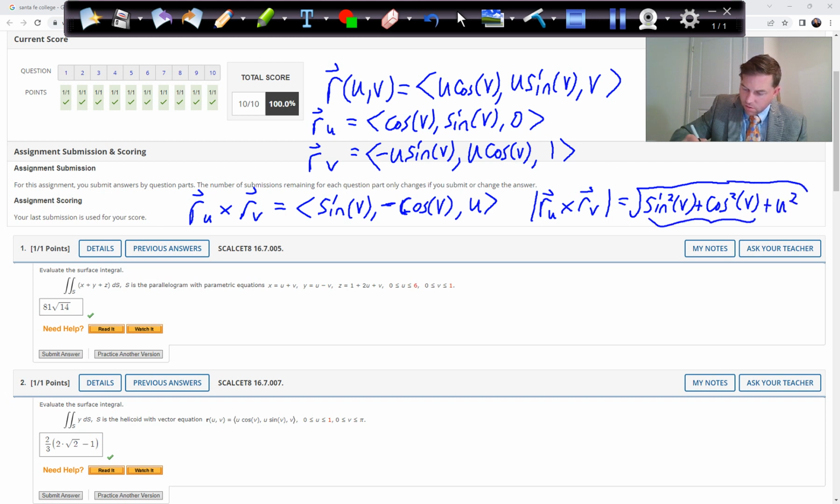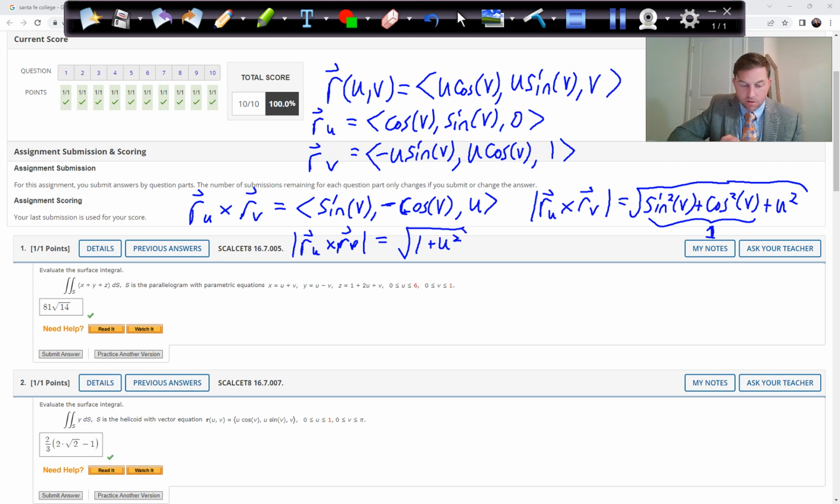But these two are our old Pythagorean identity of trig. Sine squared plus cosine squared is 1. So the magnitude of the cross product is just the square root of 1 plus u squared.